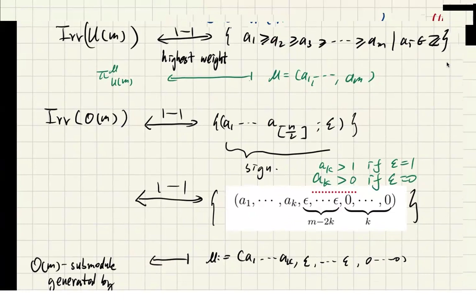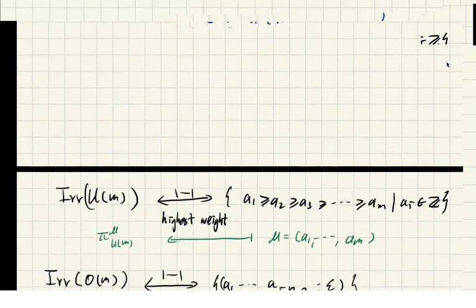So let's first recall, how do you classify irreducible representations of a compact group over the real field? For U(m), we classify it by highest weight.